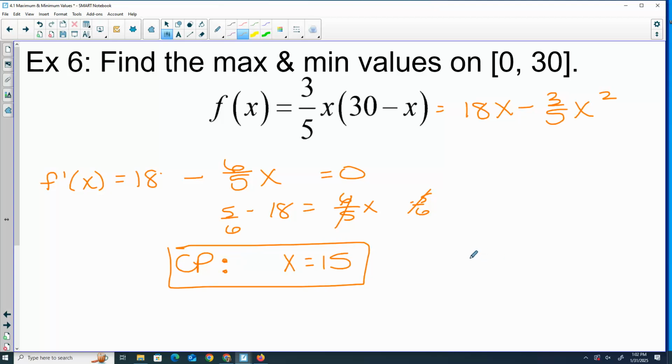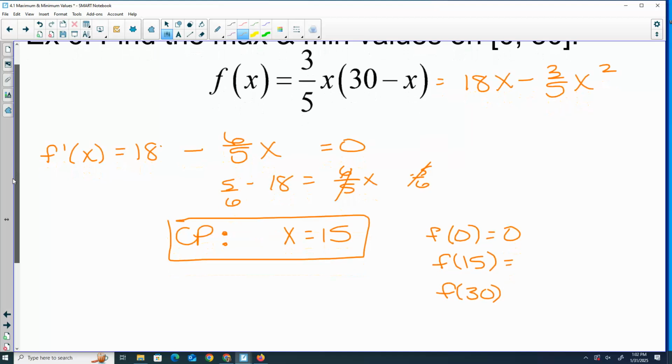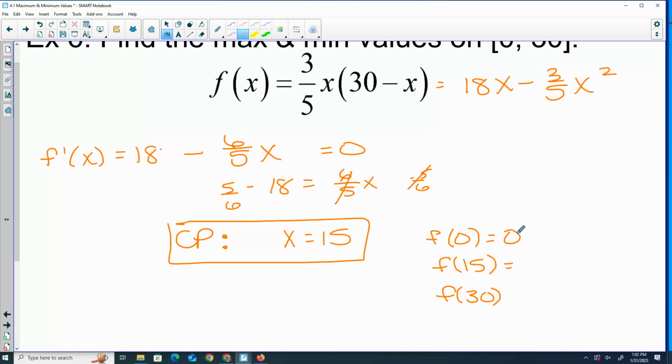Now we plug that back in the original. What numbers do I have to plug into my original? 15, 0, and 30. So if I put in 0, I'll do that one again. 15 gives us 135.